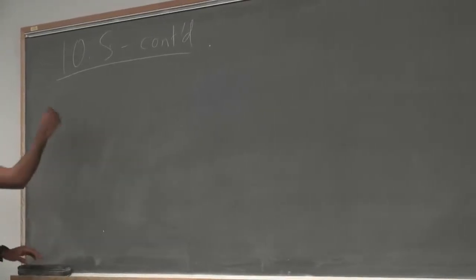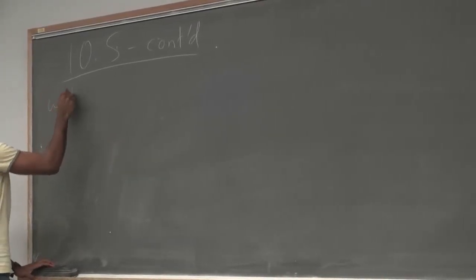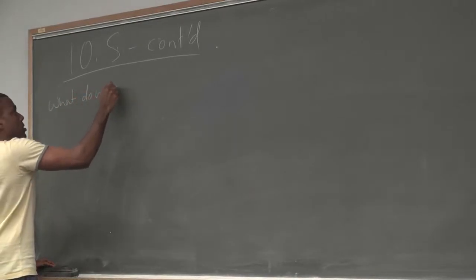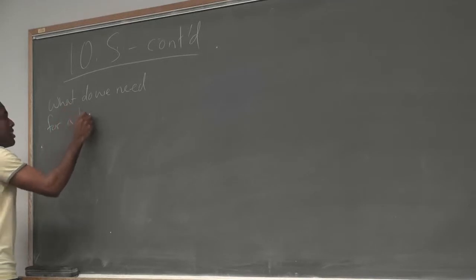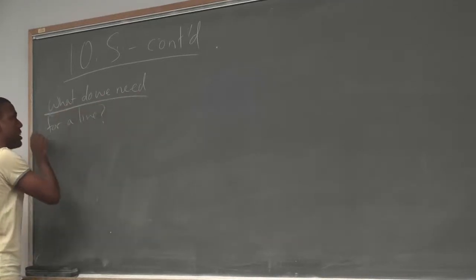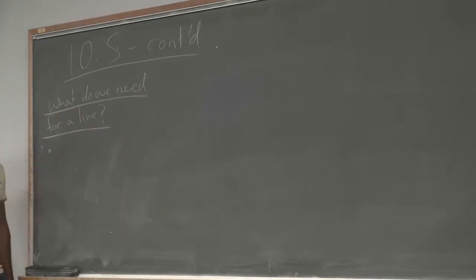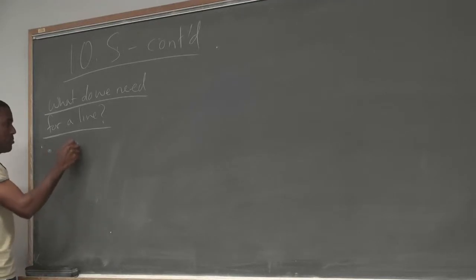Just want to write this down. What do we need for a line? A point and a direction vector.